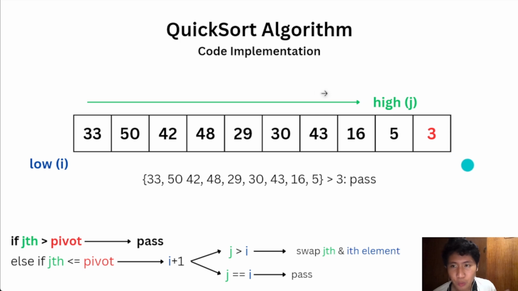Since we do know how the following process written below works here, we consider index 0 starting from 33 until index 8 as pass due to the condition here: if J is greater than pivot, then pass.